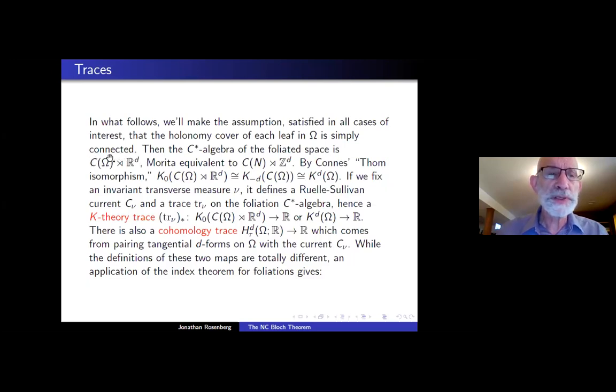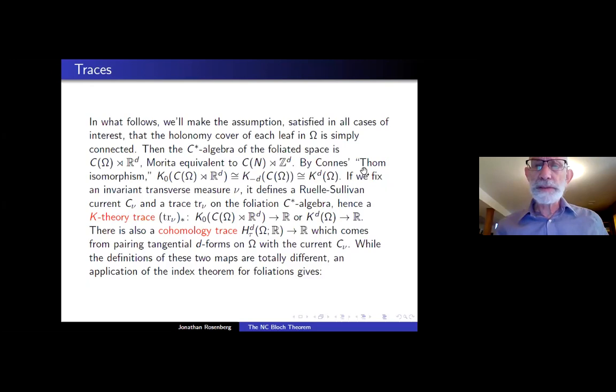And it's basically just the transformation group C-star algebra for R to the d acting on omega. And since the R to the d action was induced up from the Z to the d action on N, this thing over here is Morita equivalent to this simpler algebra, which is unital. So you have C of N, this N typically you think of as being a Cantor set, and you have Z to the d acting on it by something like a subshift, and then you take the crossed product.